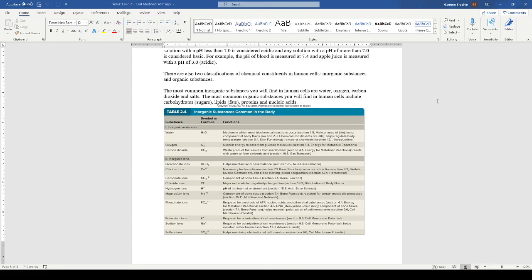Now, there are going to be inorganic molecules that are used in bodily reactions, right? Inorganic atoms, inorganic substances that actually are part of organic molecules. But if we think about it at a slightly higher level, organic substances generally you can think of as things that are necessary for sustaining life.